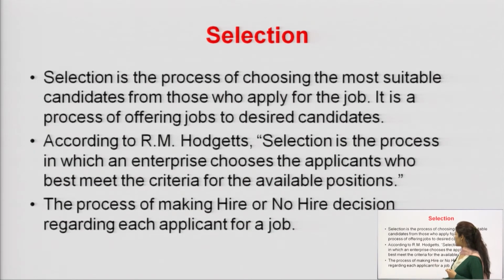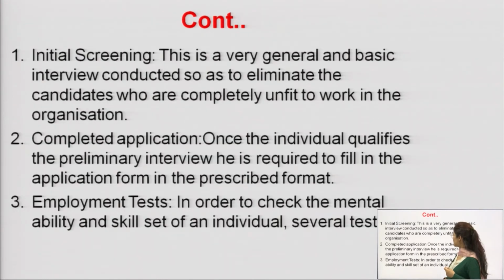Like completed application, what is it? Once the individual qualifies the preliminary interview, he is required to fill in the application form in the prescribed format. On the basis of that application format only, the organization or the HR manager can judge whether he will proceed to the next step or not.